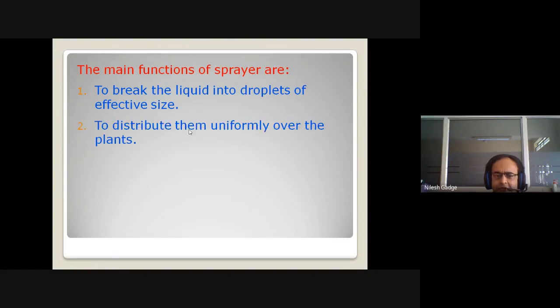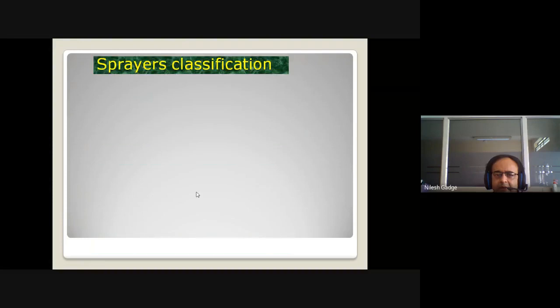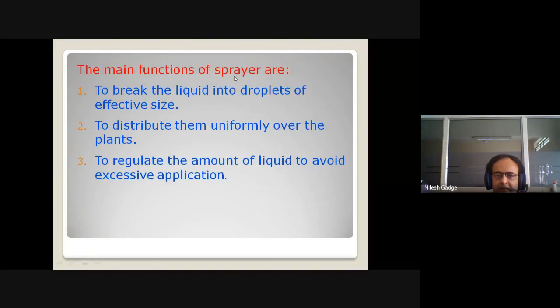The second function is to distribute them uniformly over the plants. The third is to regulate the amount of liquid to avoid excessive application.